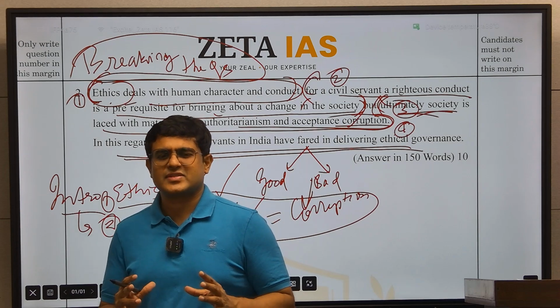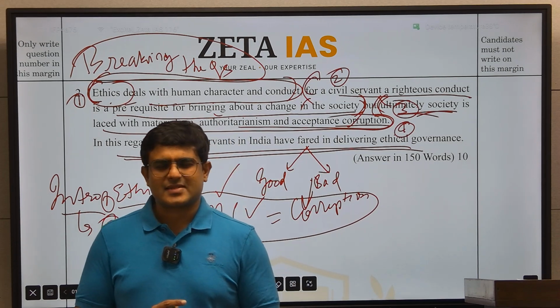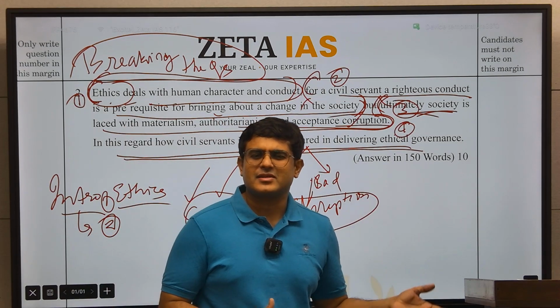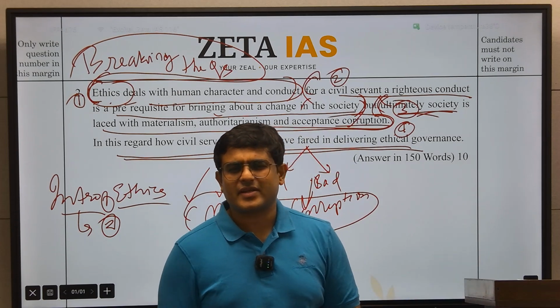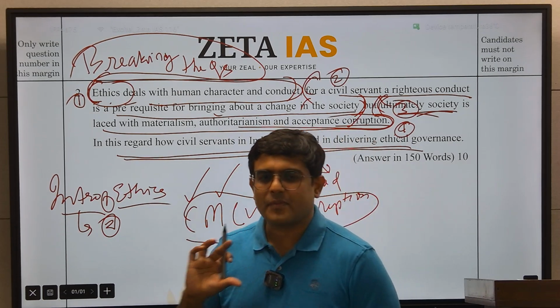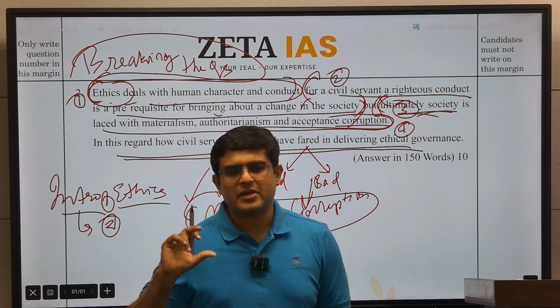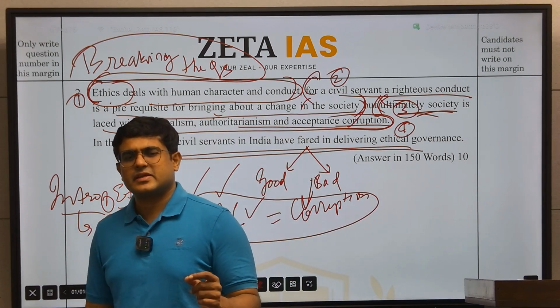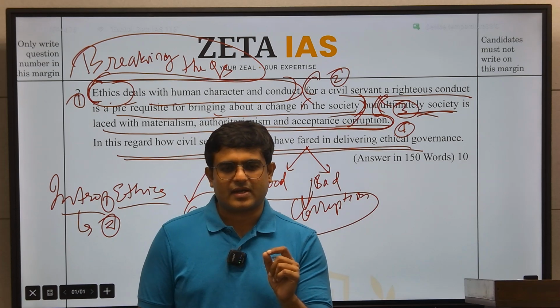Other countries have seen military coups, etc., chaos. You see Bangladesh, you see Pakistan, even African countries. So, Indian democracy was free from any dictatorship, any military coup. Credit must be given to civil services for that.